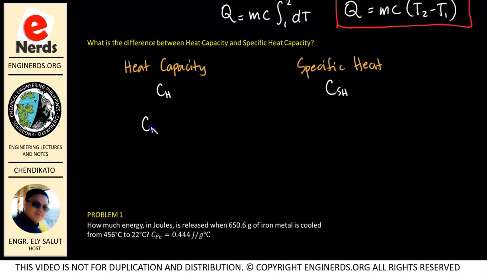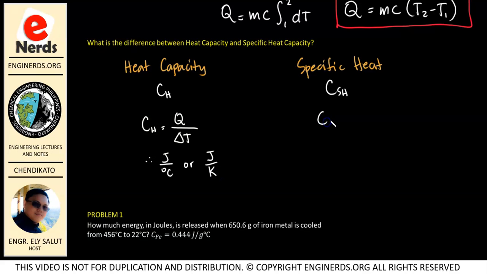Now, the heat capacity is equal to the amount of energy that is either changed or absorbed or released for every change in temperature. Okay, so that means ang magiging unit natin dito is joule, which is an energy for our heat over the temperature degree C or joule per Kelvin.